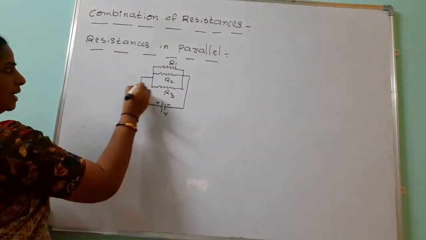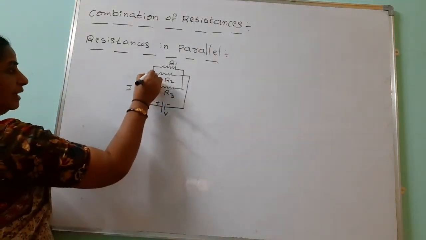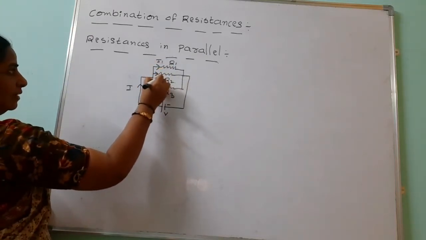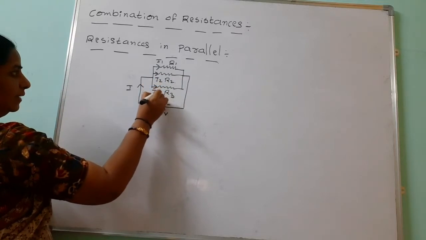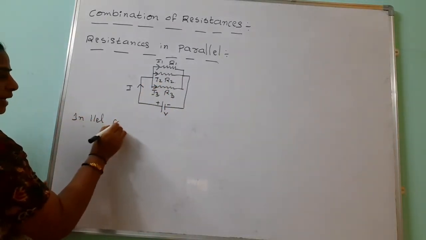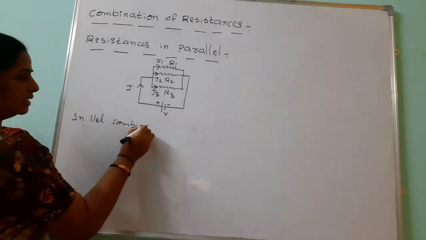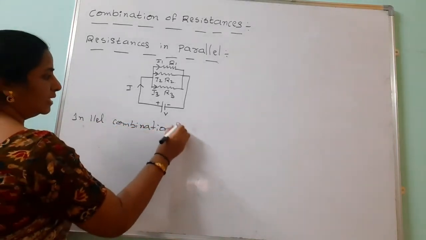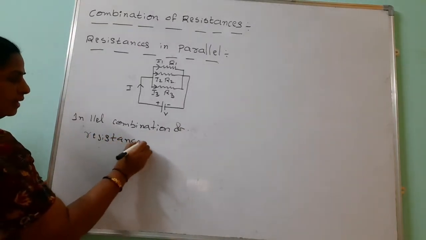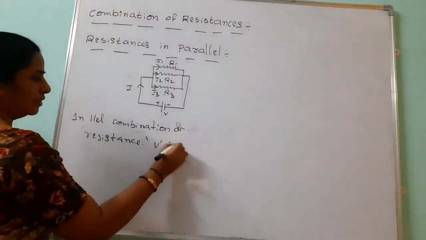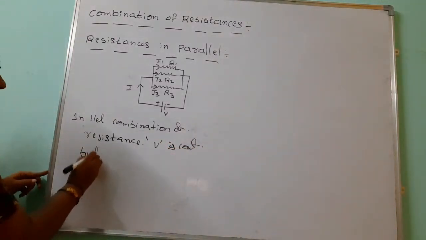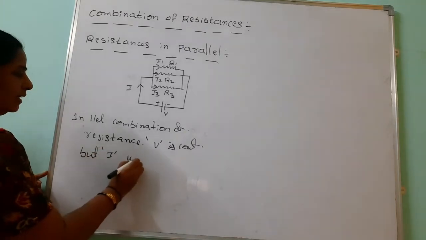How much current is passing through the circuit? I. But in this case, I is dividing across R1, R2 and R3. In parallel combination of resistances, the potential V is constant here, but the current is variable.